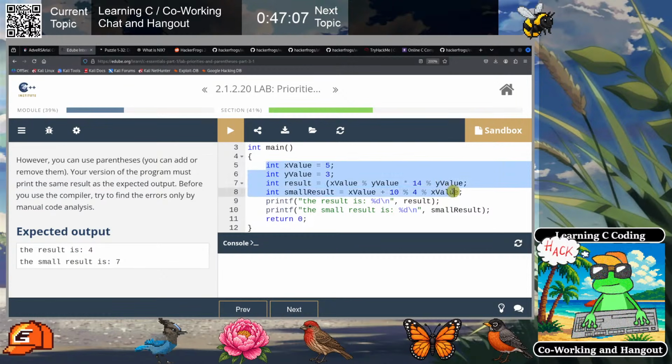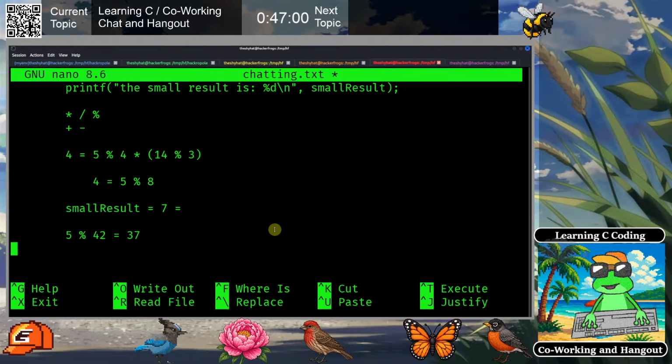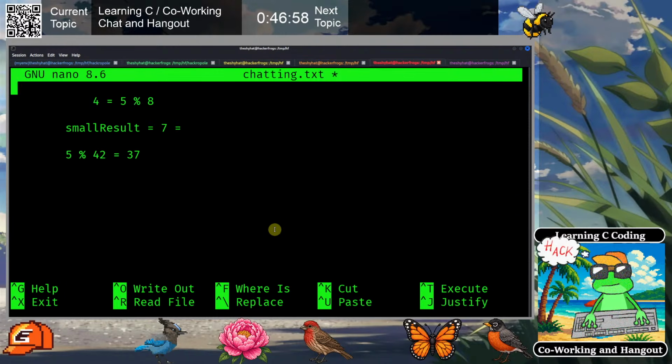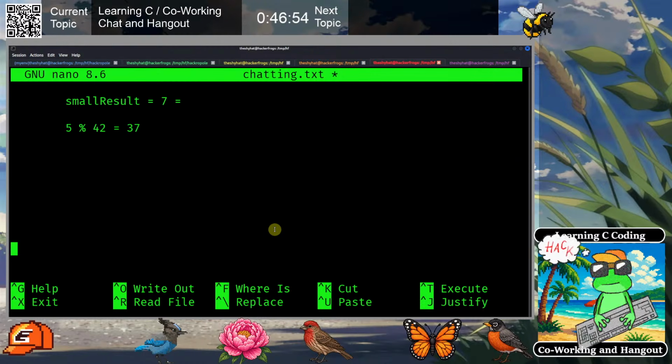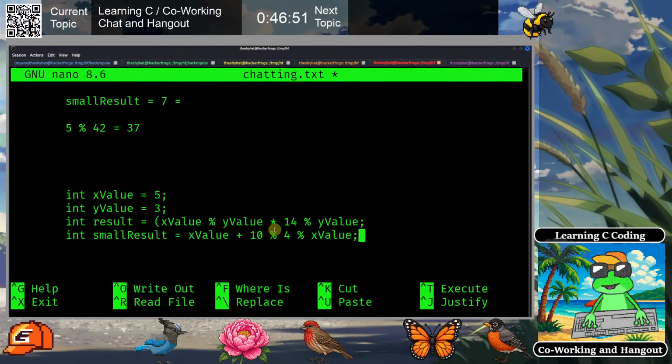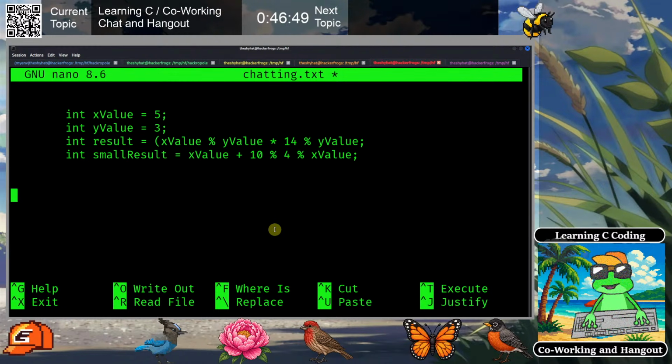Okay, let's go back to the drawing board. So we're trying to calculate result first. Result is 4. So 4 equals x value modulo y value.